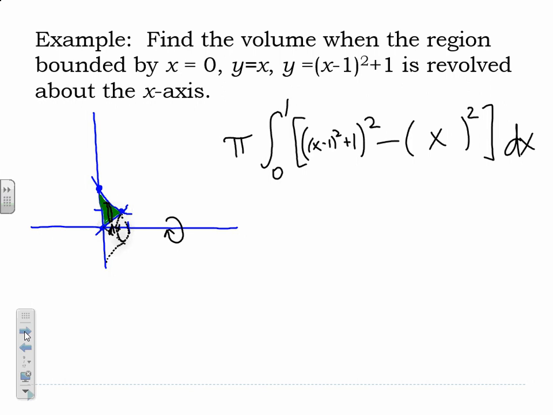Now, if I had you integrate this by hand, would you be happy? No. I wouldn't either. That's a lot of tedious algebra before we can even integrate. So this is what I'm going to have you do.